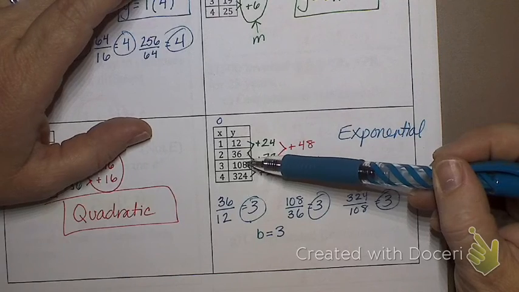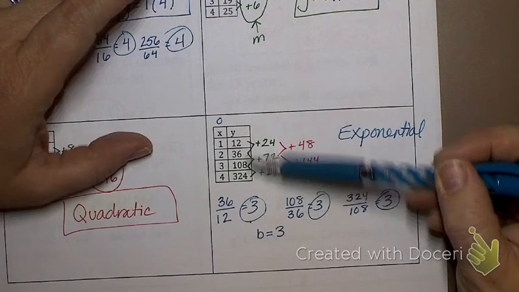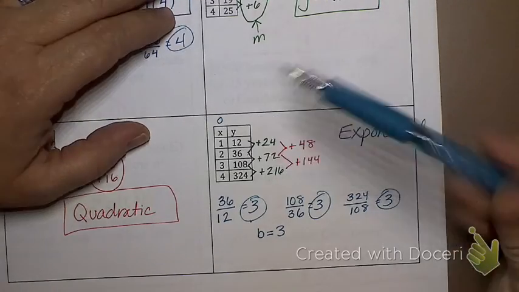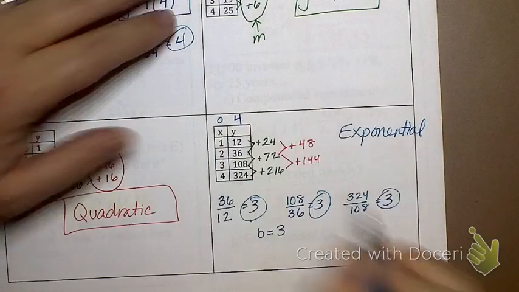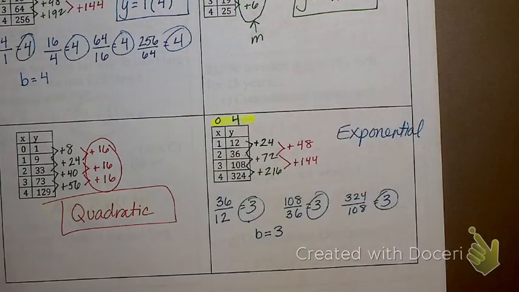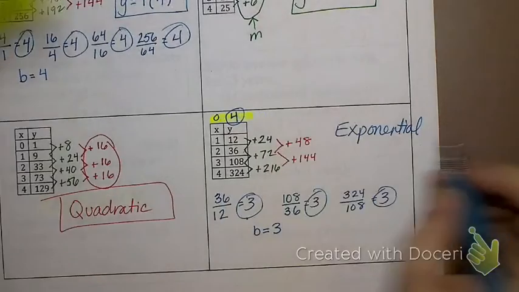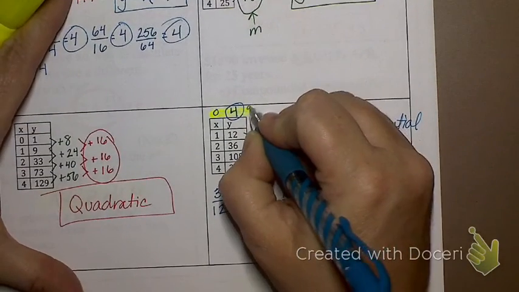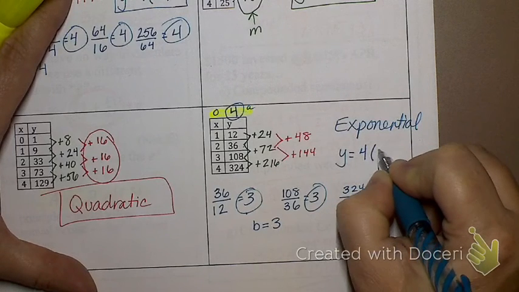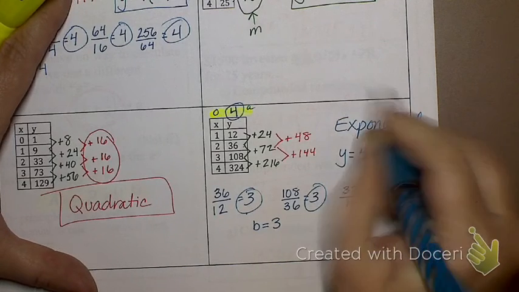So they're multiplying by 3 each time, aren't they? So what number, when you multiply it by 3, would give you 12? So the original point there would have been 0, 4. So what's my a value? 4. So what's my equation then? Y equals 4 times 3 to the x.